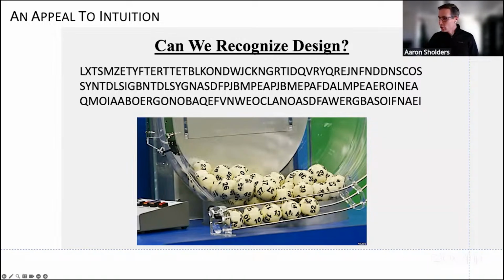And in the chute of our lotto ball machine are balls that have letters that make up this sequence of letters, starting with L and ending with I, and there are 150 characters in this sequence.